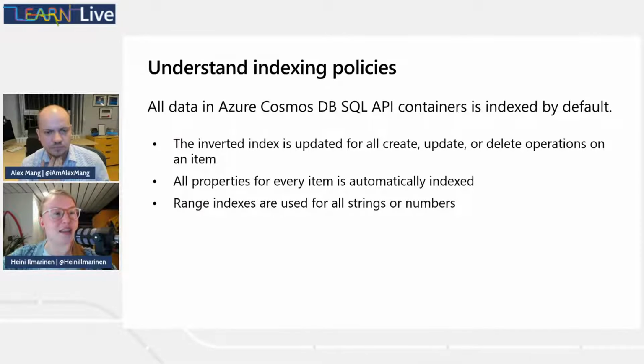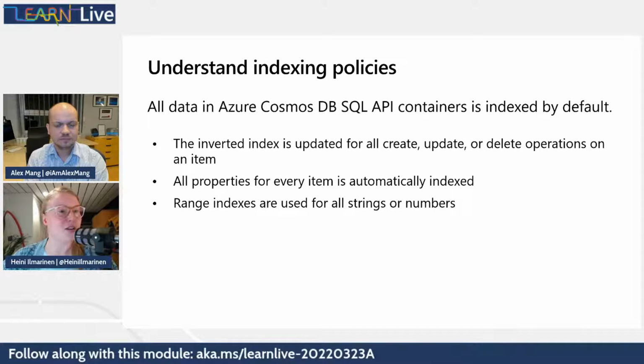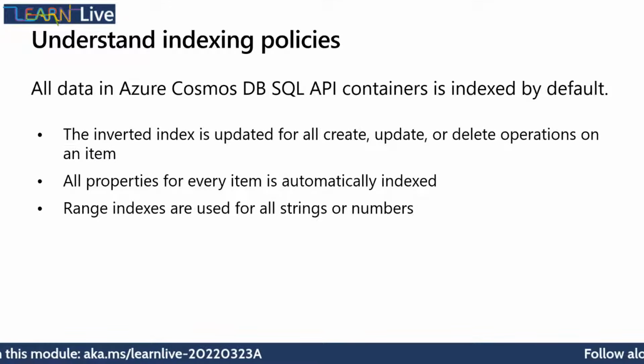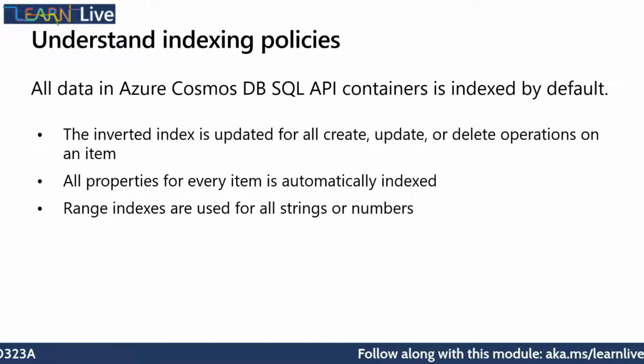You can think that it's always building that out based on whatever create, update, or delete we do, either removing some part or adding some part, or even adding just the item, like here is item 3, if we were to add a third item in there. And so all properties for every item are automatically indexed. So pretty much it's all the paths that are in our document.